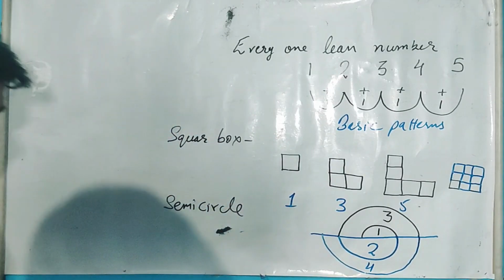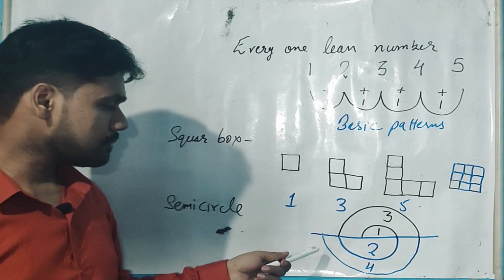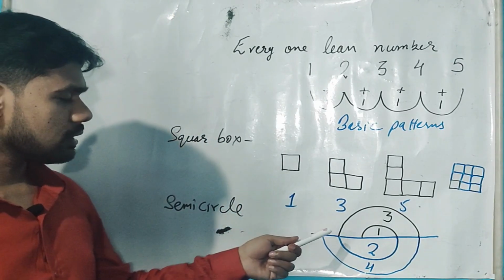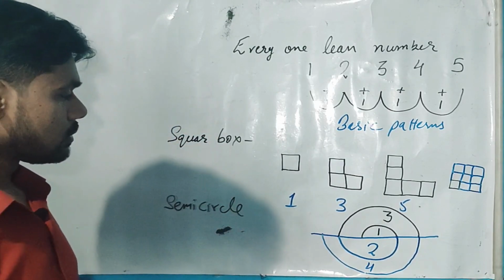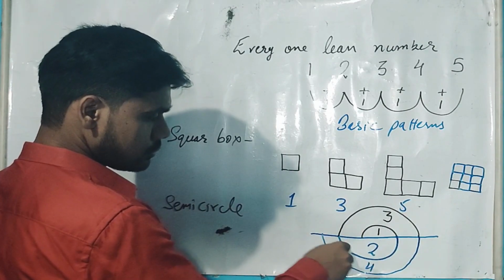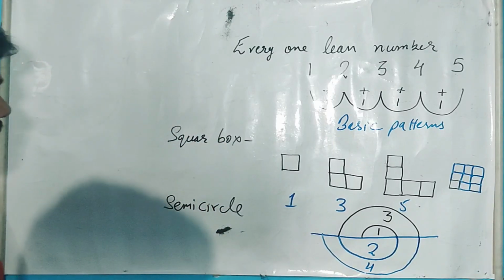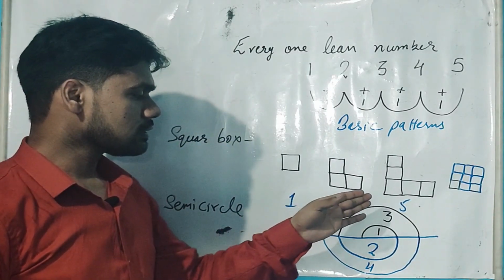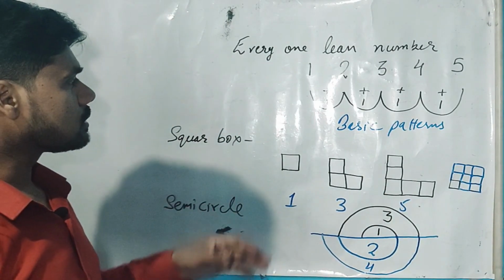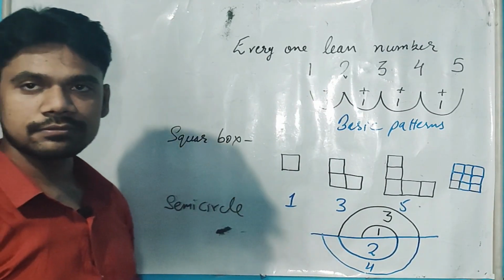Now you see there is an attractive diagram which shows the pattern very efficiently. 1, 2, 3, 4. So this way we also show the patterns, whatever numbers we have, with the diagram or in another way.